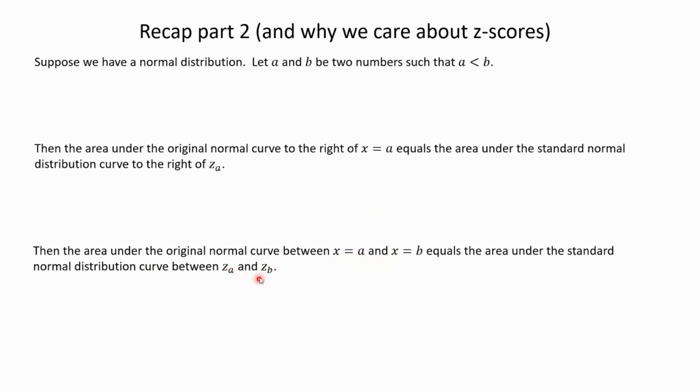That's what it boils down to. So essentially, you're getting the corresponding area. To get the percentage of data values, you want the area under the normal curve, and what you do is you get the area under the standard normal curve between the standard z-scores. I hope this is making sense.